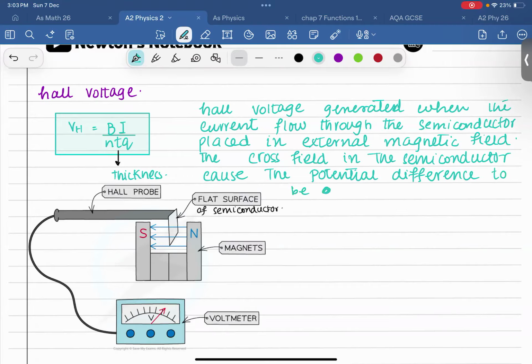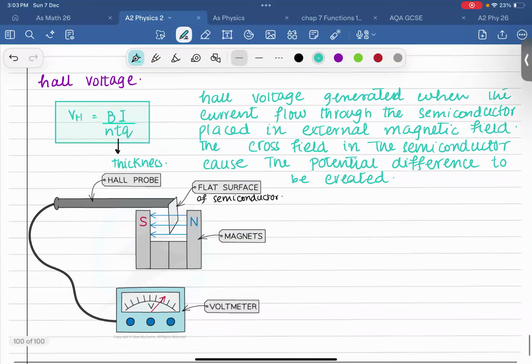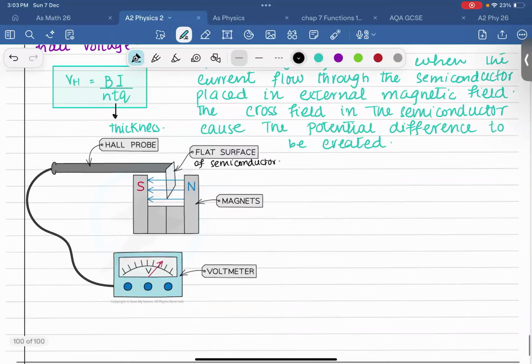So this is a concept. You can see that V_H is directly proportional to I, and directly proportional to B. So if I have the magnetic field graph and I want the Hall voltage graph, it will also be the same shape.